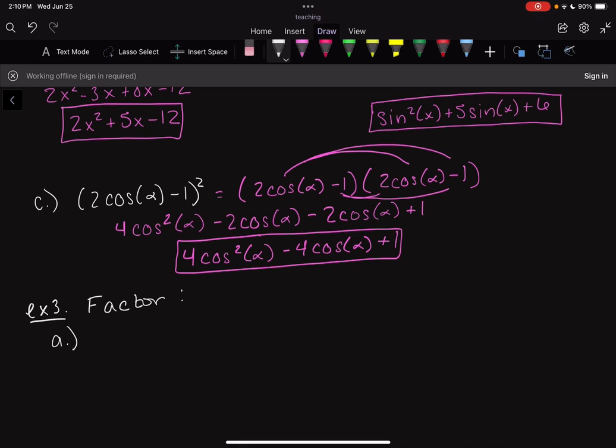So let's see, I can start off with maybe, let's do x squared, sorry, I'm thinking of one, minus 5x plus 6.